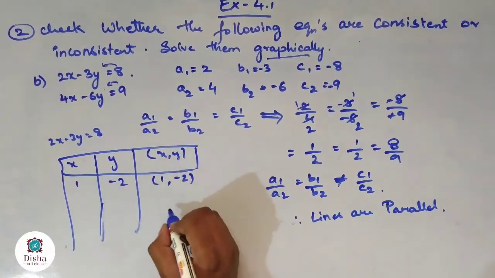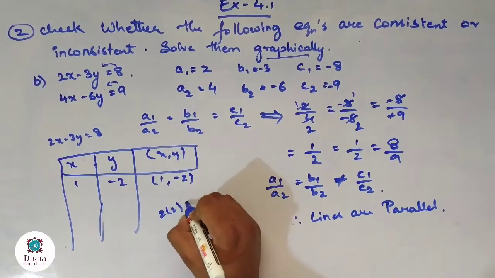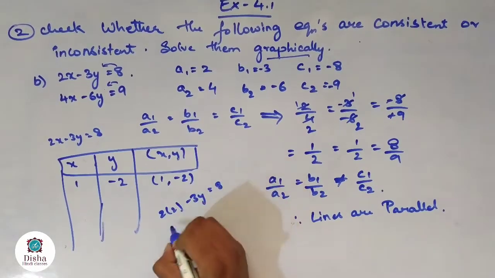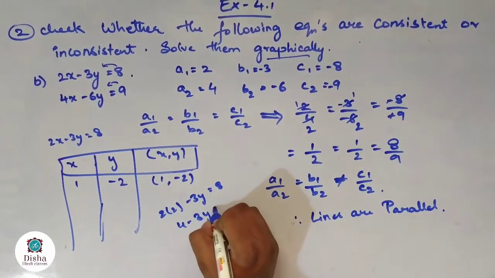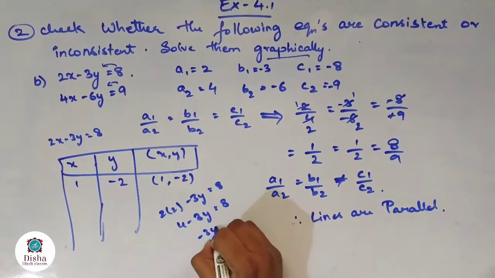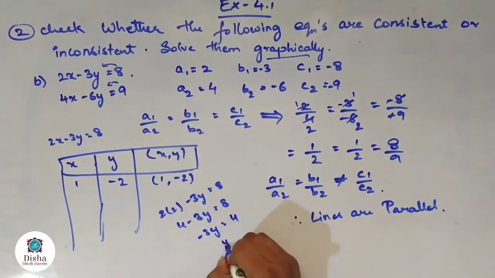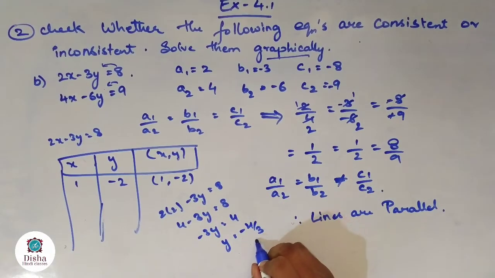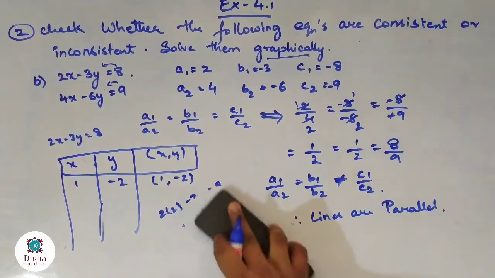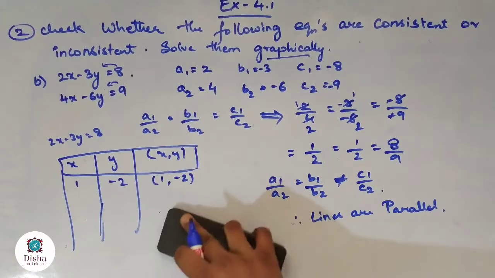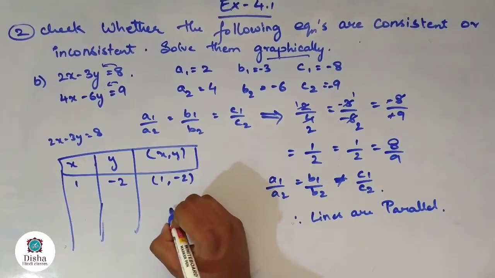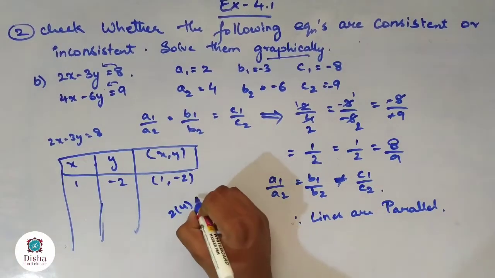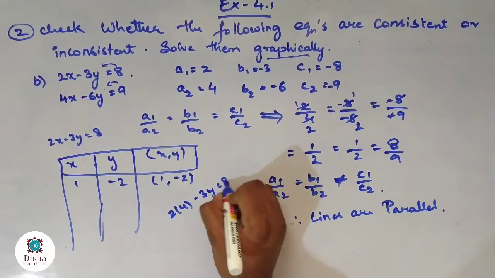Next, if you take x as 2, so 2 into 2 minus 3y equals 8. 4 minus 3y equals 8. Minus 3y equals 4. y equals minus 4 by 3. We are getting it in fraction, so we'll not take 2. If we take 3 or 4, let us take 4. 2 into 4 minus 3y equals 8.